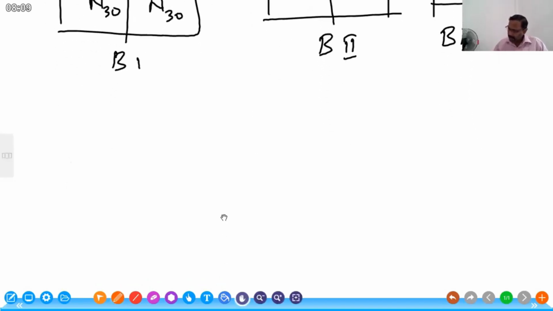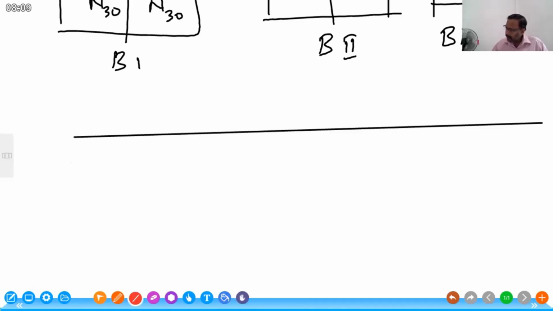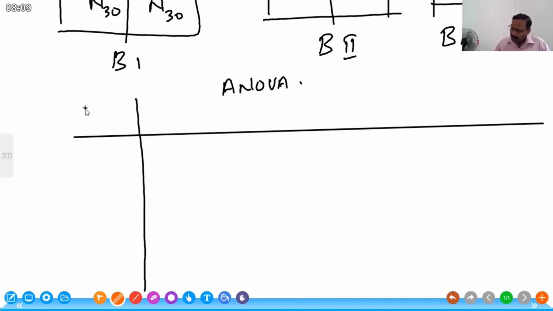Now we will come to the ANOVA table, right? So all of you know the ANOVA table. The first step is source of variance. I will write it in a very short form: source of variance, degrees of freedom.